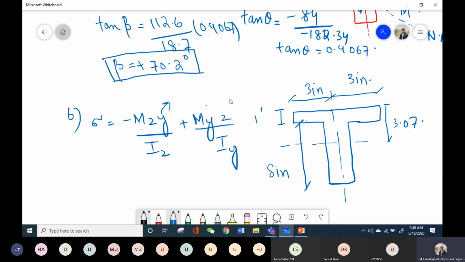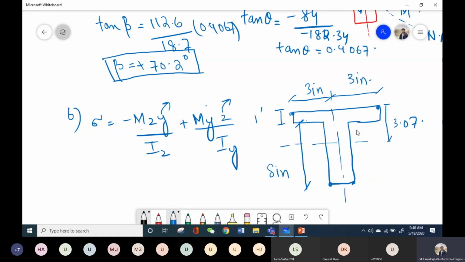So these two factors will determine where the maximum bending stresses will occur. So the maximum value of these two values will govern the location of maximum bending stress. So the maximum value will occur first at this point, let's say, or at this point, or at these two extremes. Okay.